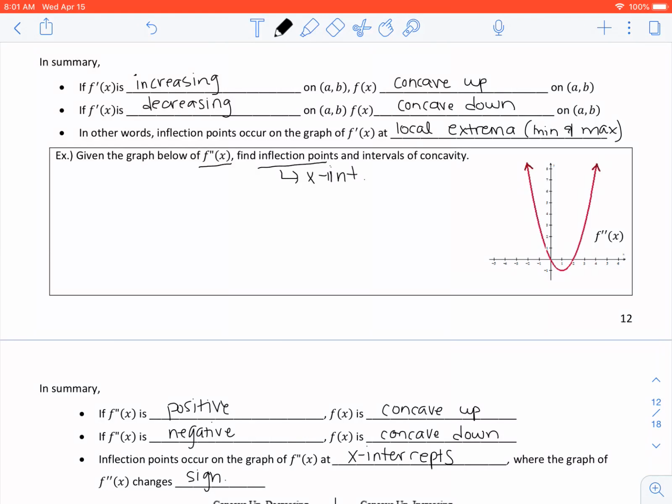And then to figure out where your graph is concave up, that would be where the second derivative is greater than 0, so above the x-axis. And to find out where your function is concave down, that would be below the x-axis. So your inflection points would occur at your x-intercepts, which is at 0 and at 2.